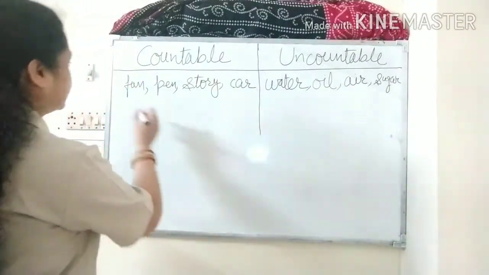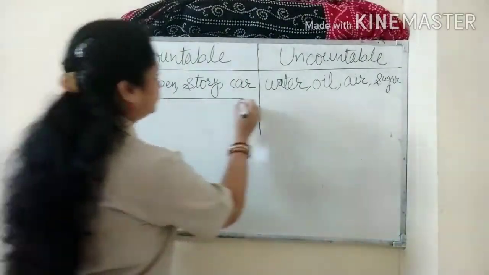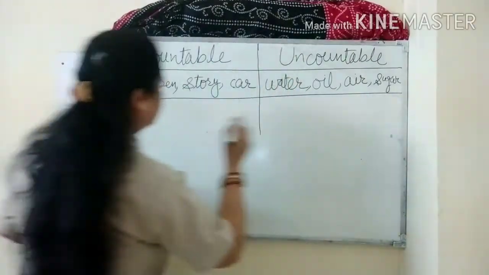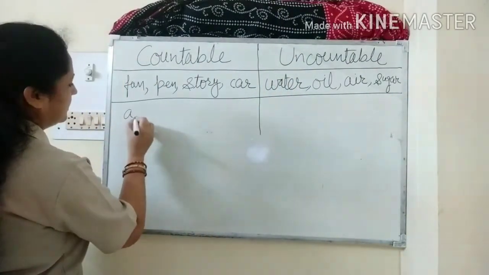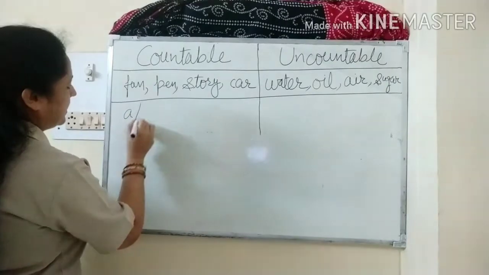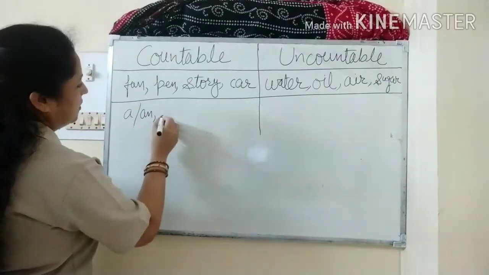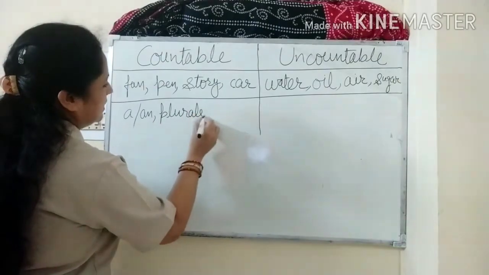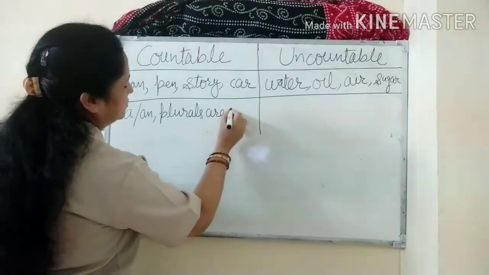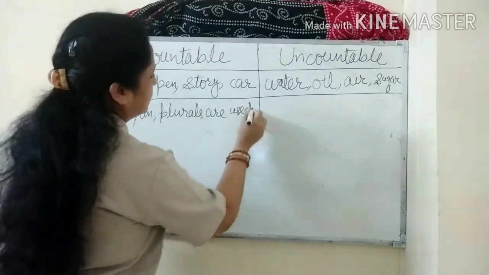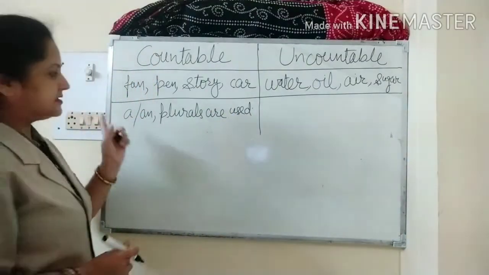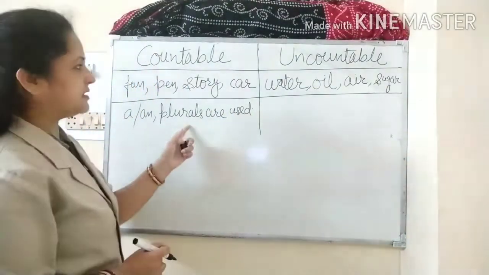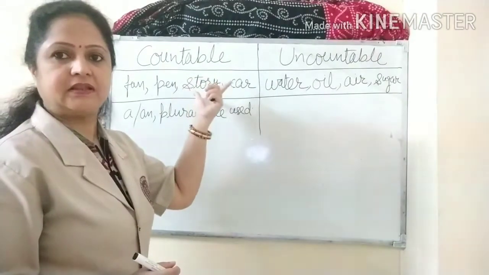So we can write here that a, an or plurals are used. In countable nouns we use a, an or plurals.